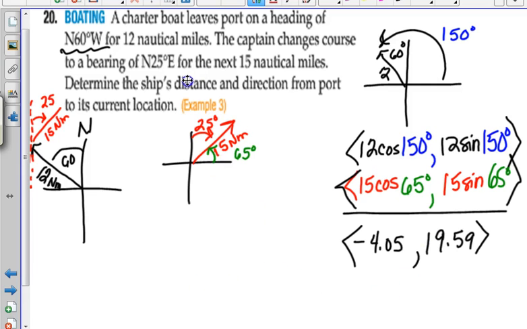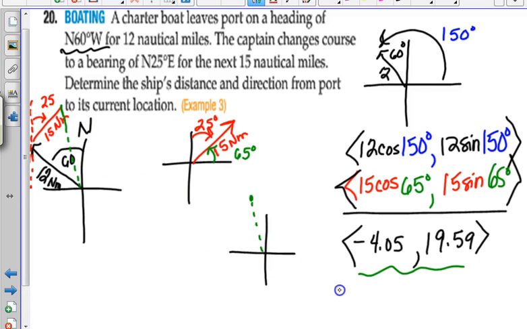Okay. So the distance and direction from port is the combination of those two vectors, which here, if we were to plot that vector where this ship is going to wind up, it would be over and up here somewhere. This is the resultant vector's components, okay? Now, if we went back to this original picture that I'm having struggles with because I made it too small, if we put what happened when he wound up out here, does that seem like roughly the same vector?